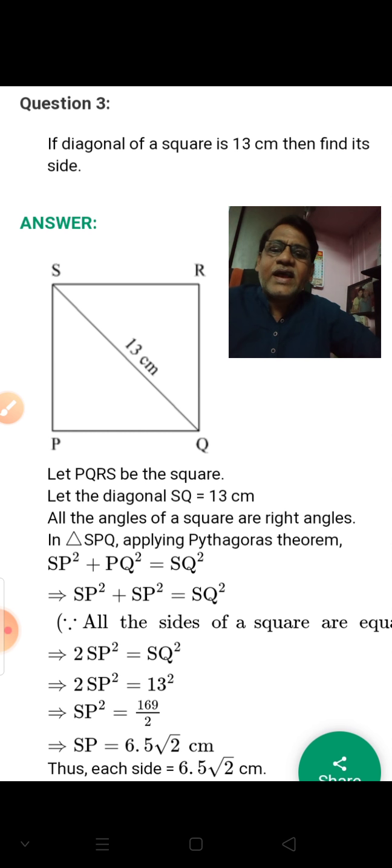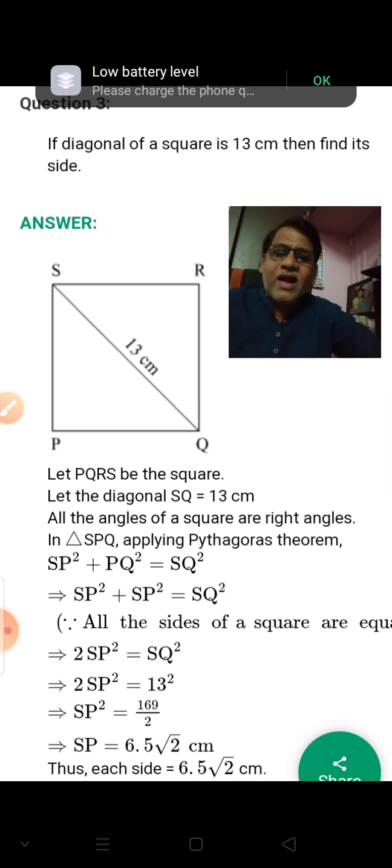Therefore in triangle SPQ, because one angle is 90, it is a right angle triangle, so you can apply the Pythagoras theorem. SP square plus PQ square is equal to SQ square.